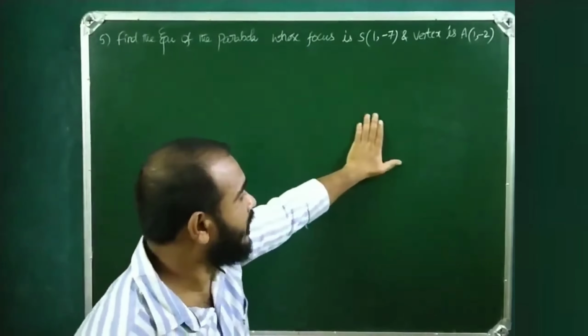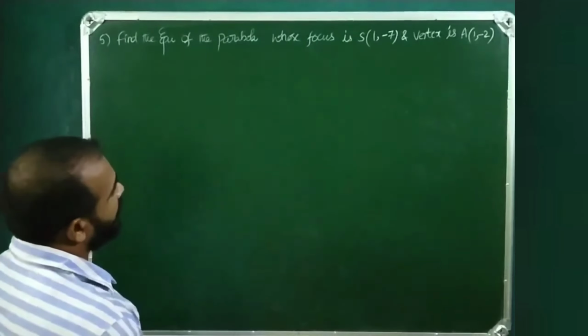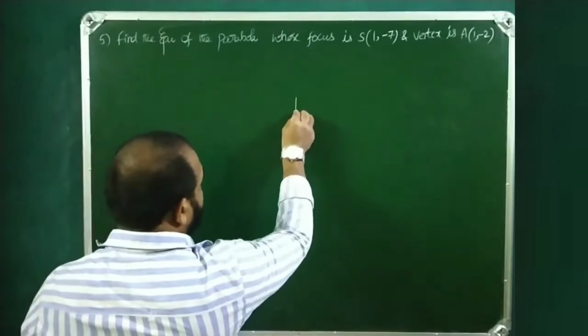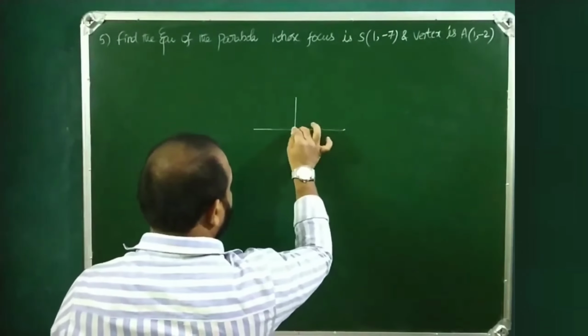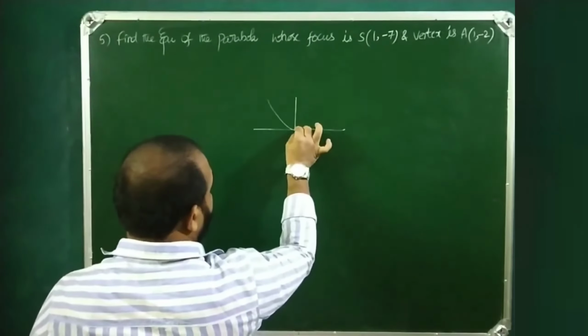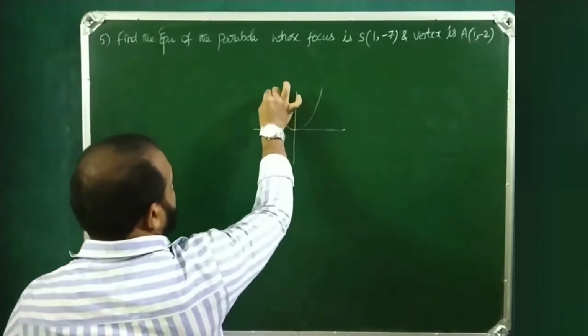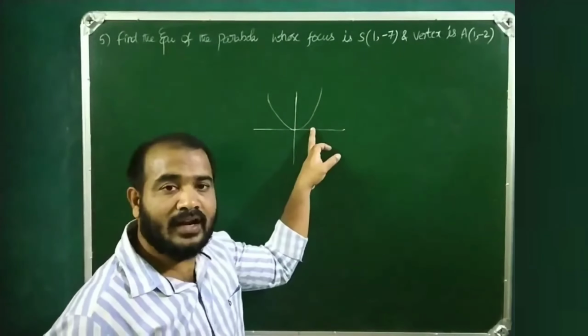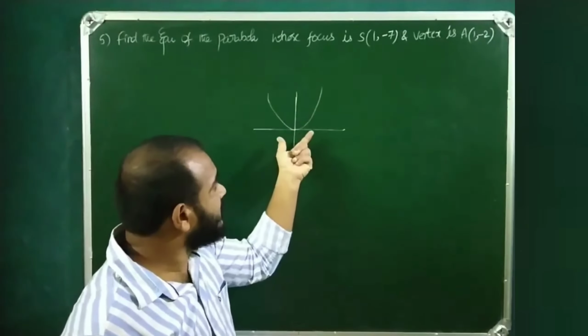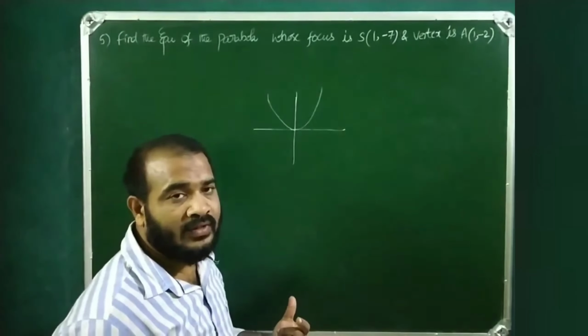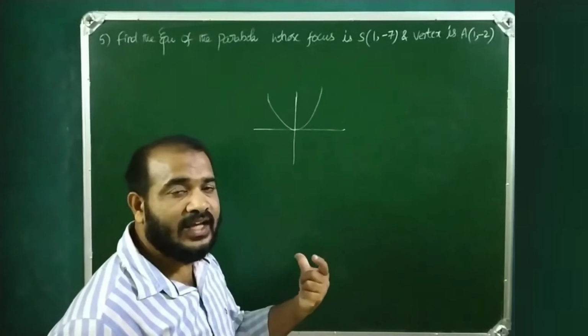The comparative method, that is, for example, this is the parabola if you take. So this parabola is symmetric about y-axis, that too positive y-axis. The parabola symmetric about y-axis, x power even.